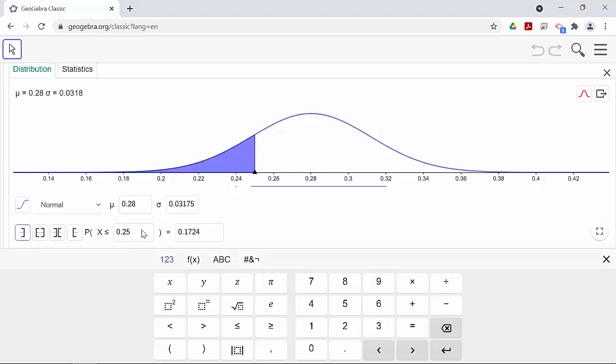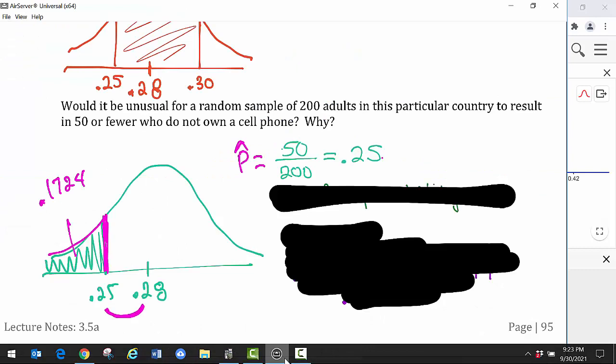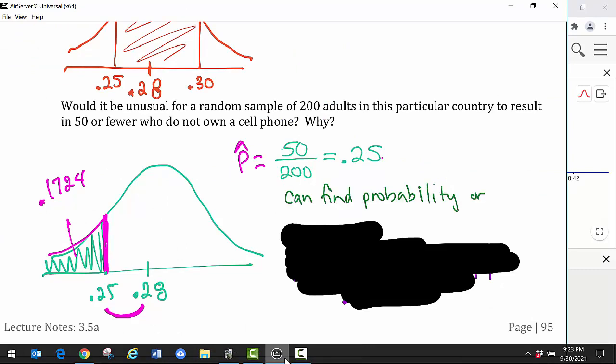So this is 17% of the curve. So the probability is 17%. Is 17% less than 5%? No, so we don't consider it rare.